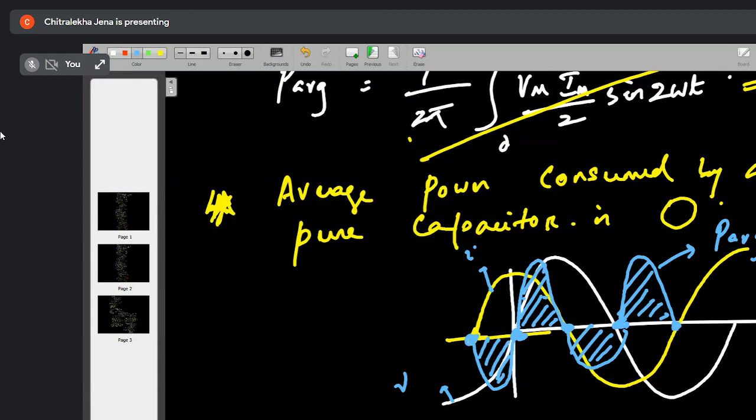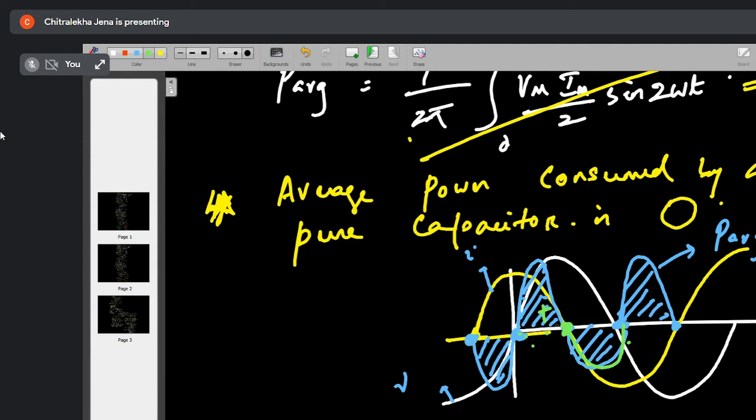Okay, here you see this is one quarter cycle. Next class I will discuss one quarter cycle. The power is moving from source to load. In the next quarter cycle, the capacitor is giving back that power which it had taken in the first quarter cycle. It is supplying back that power again in the next quarter cycle. Understood? That I will discuss later on.